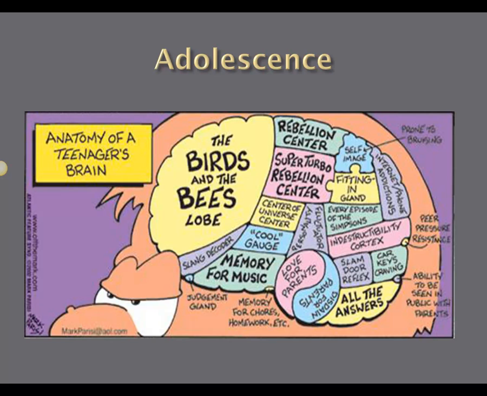I sure think that this cartoon is pretty funny. In all actuality, the frontal lobe, which in this slide is labeled the birds and the bees lobe, obviously refers to sex and burgeoning hormones and curiosities regarding intercourse and sexual relationships.